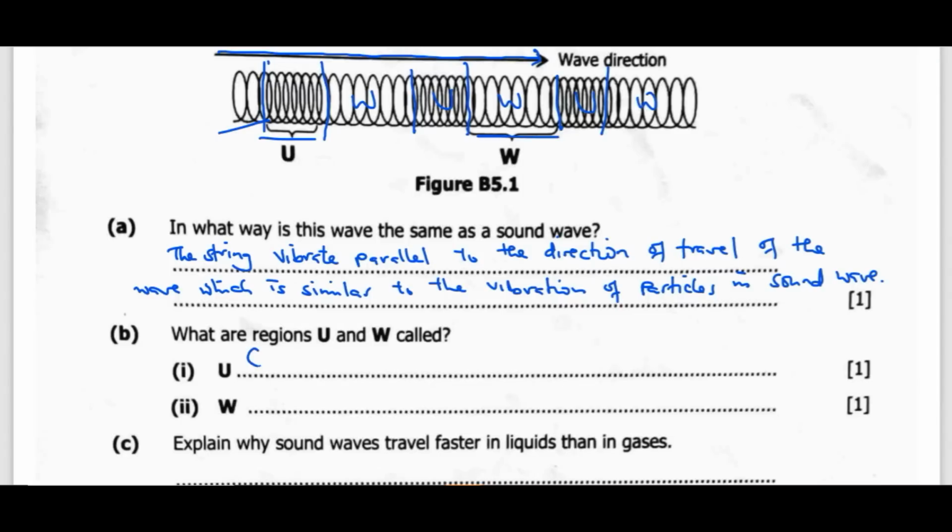So this is the compression, and this is the compression, and this is the compression as well. And W is the rarefaction. So rarefactions are here and there as well.